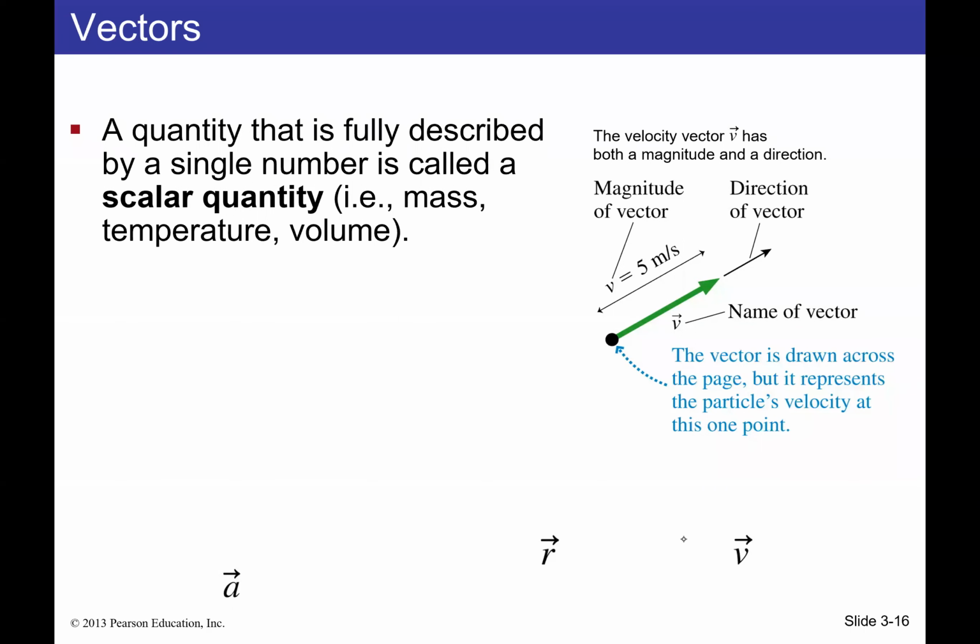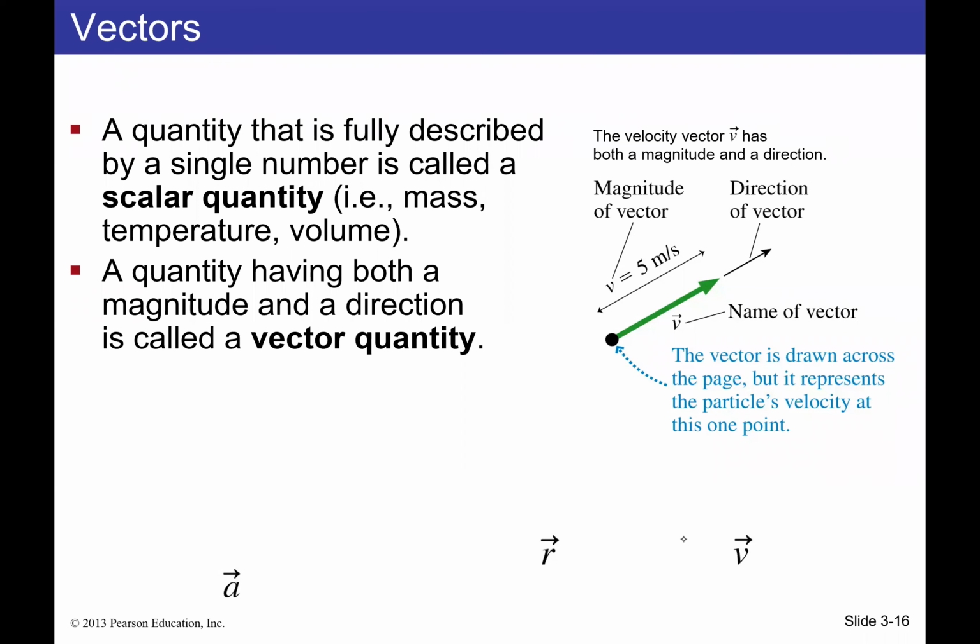So for example, 20 kilograms or 30 Fahrenheit, those are things that you can use to describe mass and temperature. You don't need anything else. You don't say it's 20 kilograms north or 30 degrees south or something like that, right? 30 Fahrenheit south. So those things basically are a number plus a unit, can be positive, can be negative, can be zero, because you can have negative 30 Fahrenheit, for example. But they are basically not directional.